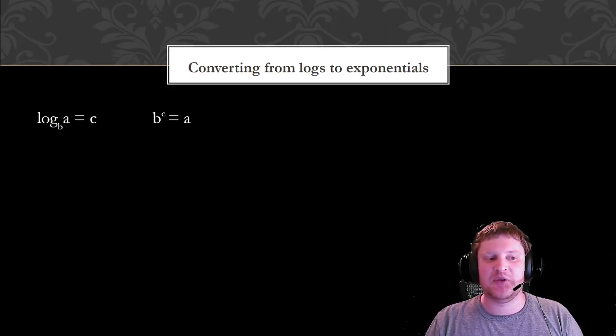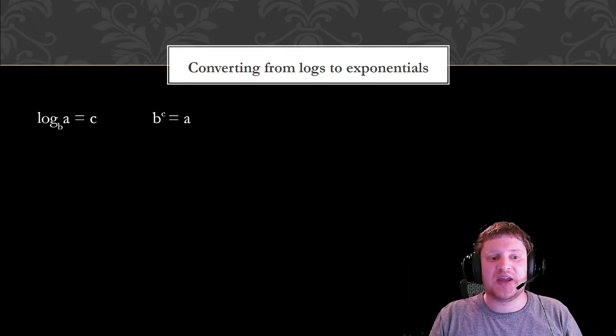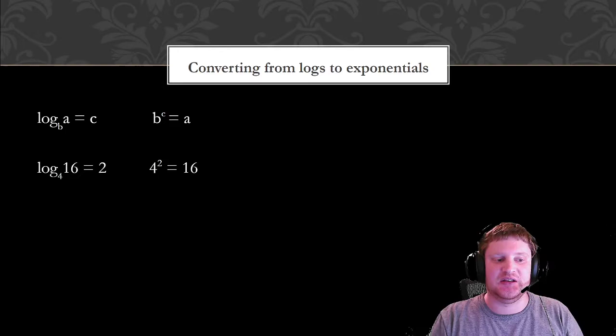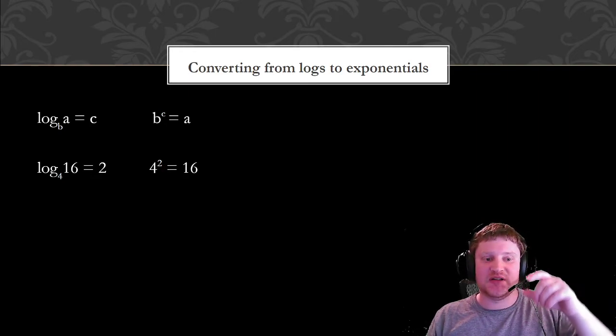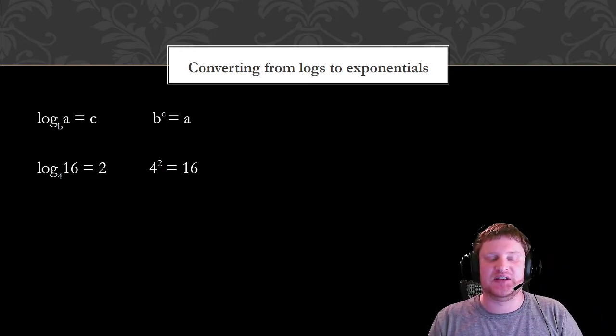Now you guys might be a little confused as to what this actually means. What does logarithm mean? Well, using actual numbers, log base 4 of 16 equals 2. So that means 4 to the second power equals 16.